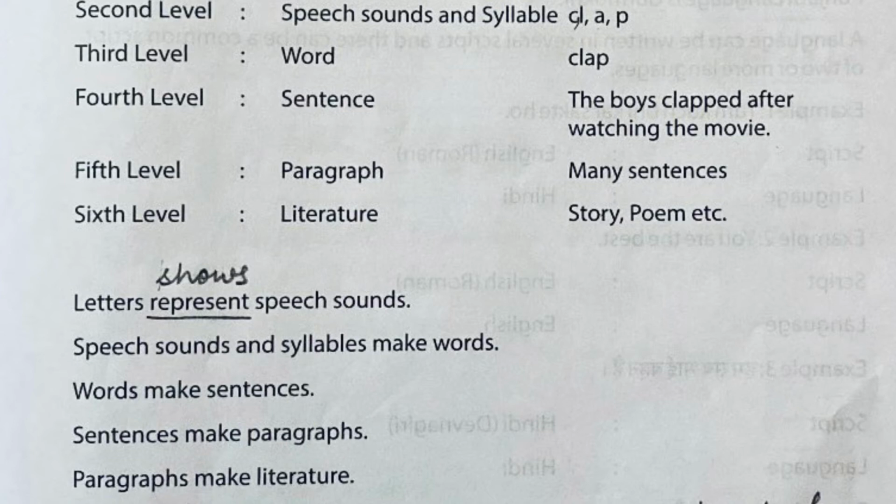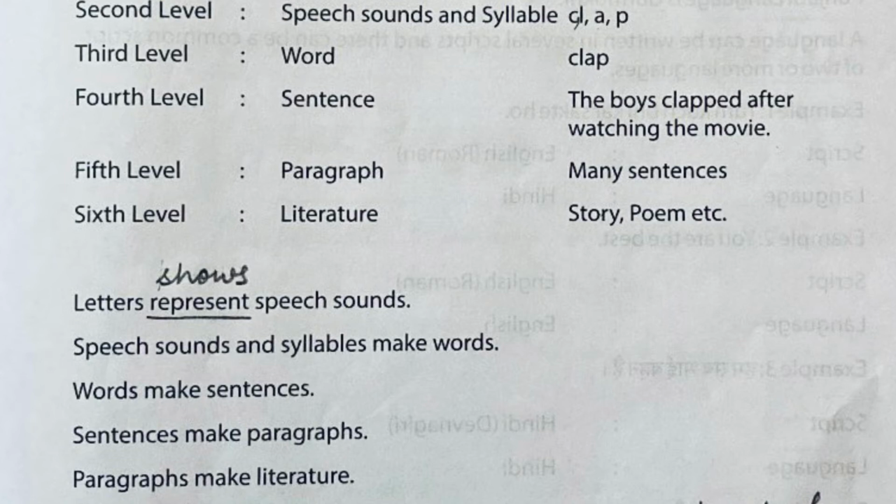Now we are going to discuss the fifth level, which is paragraph. When we have learned to write a letter, and then we have learned the sounds also, then we have learned to form a word with the help of the sounds and syllable, and then we started to make sentences. The next level, fifth level, is paragraph.